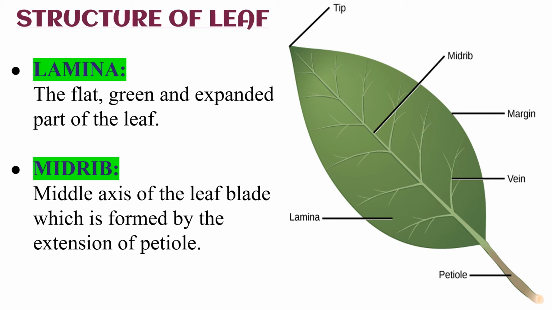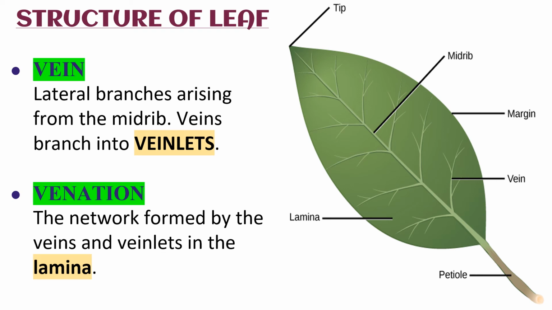Students, now in this lamina we can find some different structure or very thin fibrous like structure. What are they called? These very fine fibrous structures, or you can say the lateral branches arising from the midrib, are called veins.